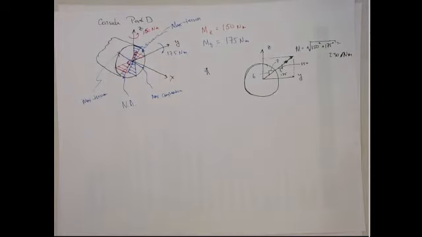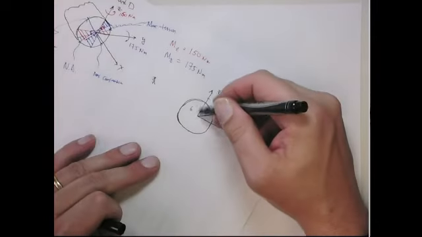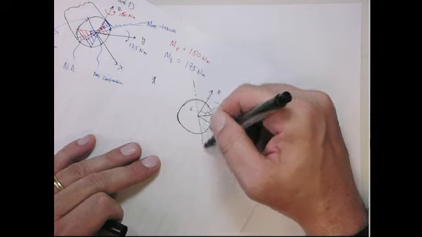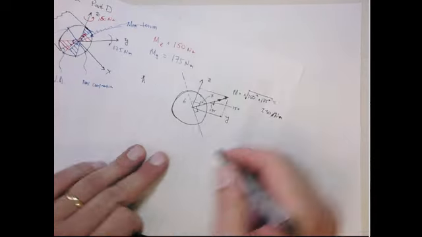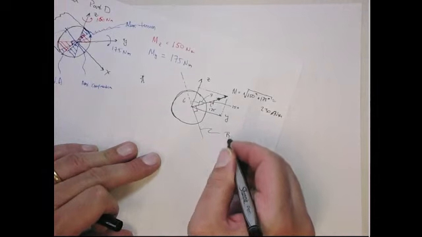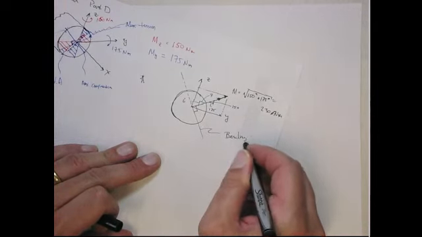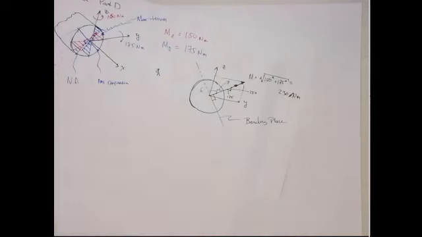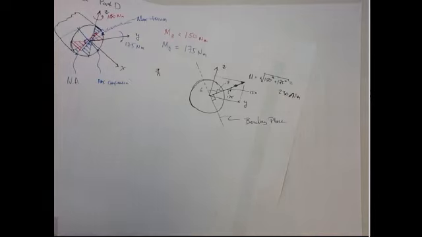Well, now that you know the magnitude of the bending moment, basically the bending plane now is perpendicular to this. This is the bending plane. And now, since this is a circular cross-section, I should probably define all the angles.